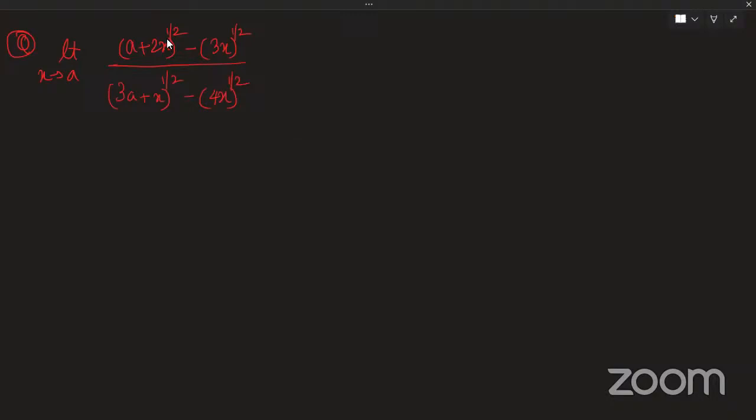Which form is this, Navneet? Which indeterminate form does it fall in? Can anyone tell me? 0 by 0, sir. Yeah, it is 0 by 0 form.